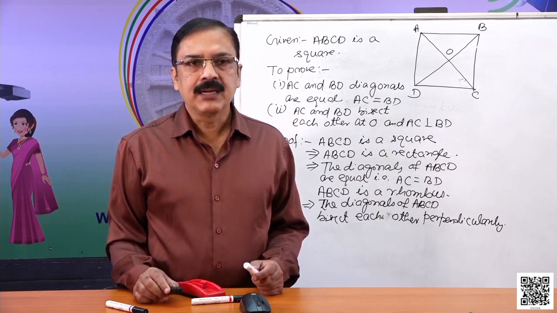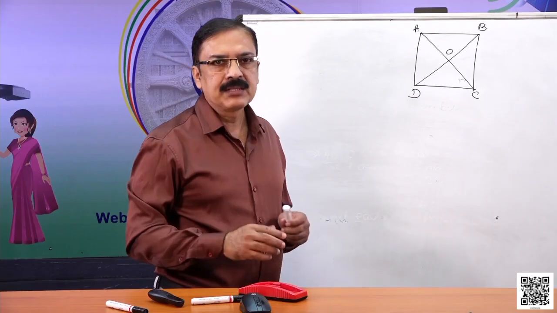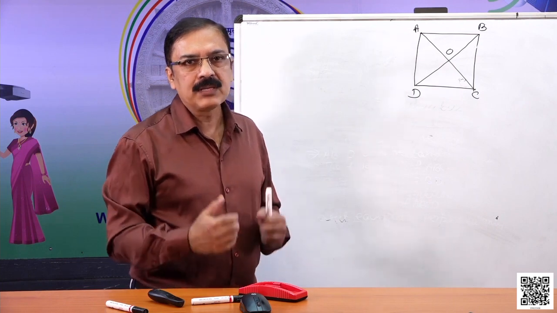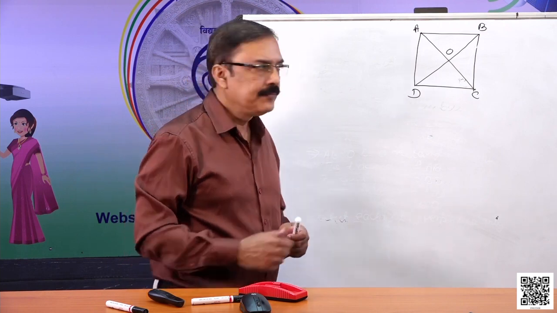The question is: show that if the diagonals of a quadrilateral are equal and bisect each other at right angles, then it is a square. This statement is nothing but the converse of the previous statement. So let's prove it. In this case, the quadrilateral is given and the properties of the diagonals are that they bisect each other at right angles.